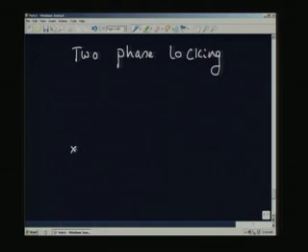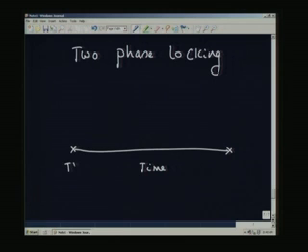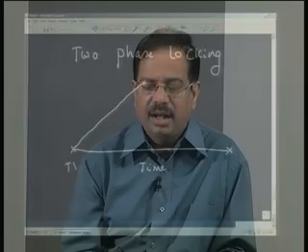So, if you look at the execution in terms of time, let us say this is the time axis. Now, the transaction starts executing at some point t1, and as it starts executing, it reaches execution points where it needs some data items.